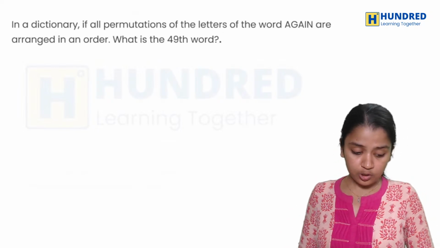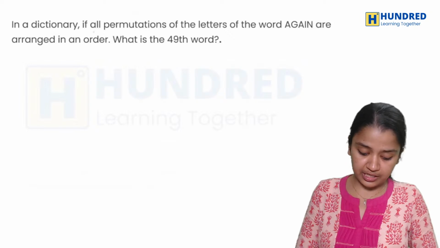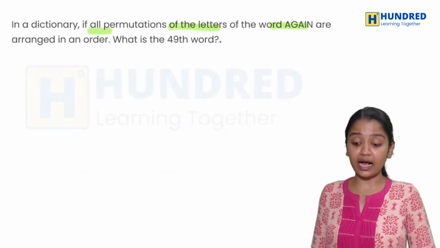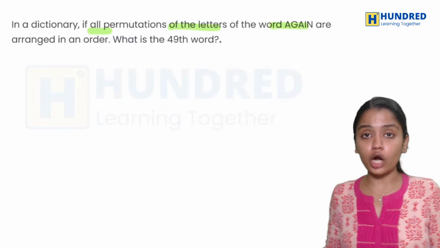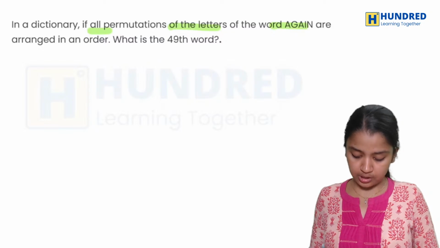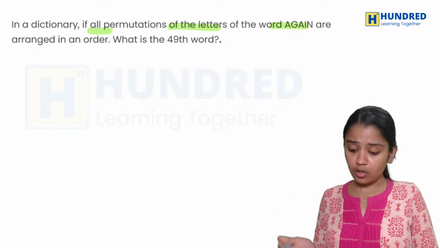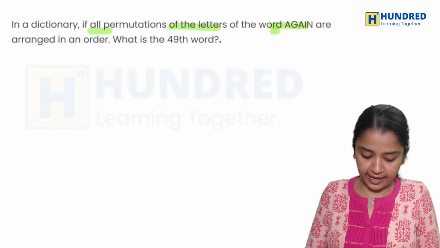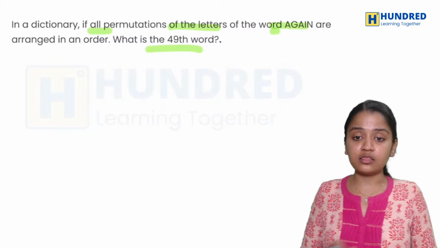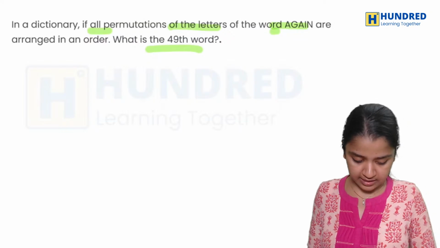See, in the question it's given that in a dictionary, all the permutations of the letters of the word AGAIN, again permutation means the order matters, are arranged in order. What is the 49th word? That is what they are asking, right?